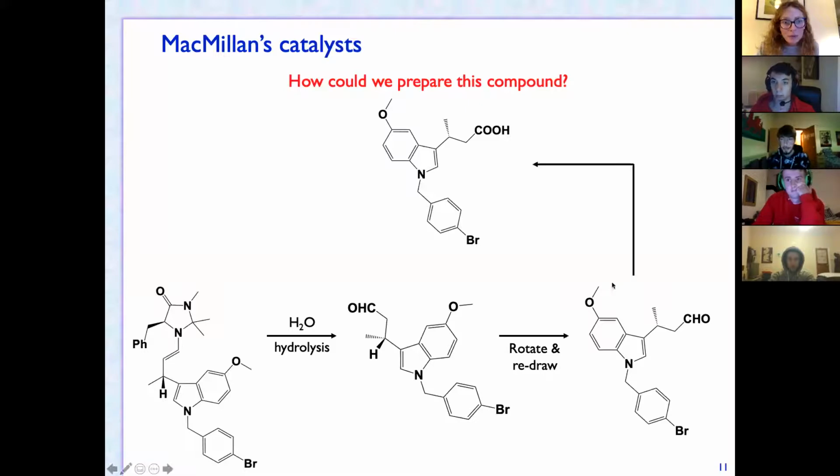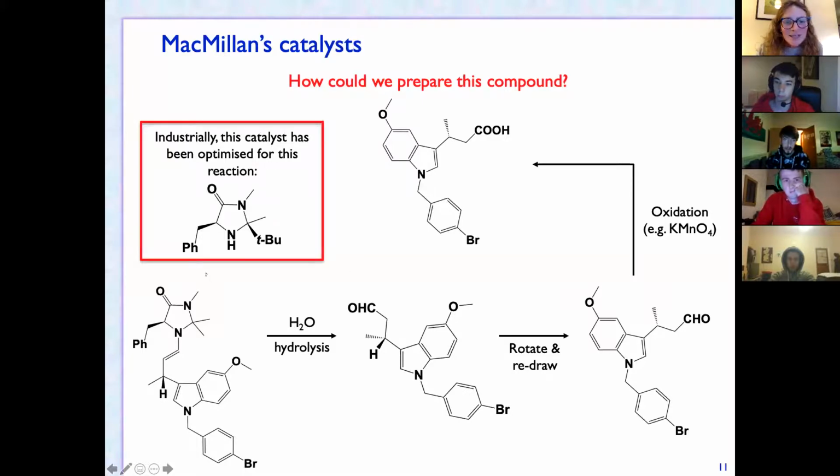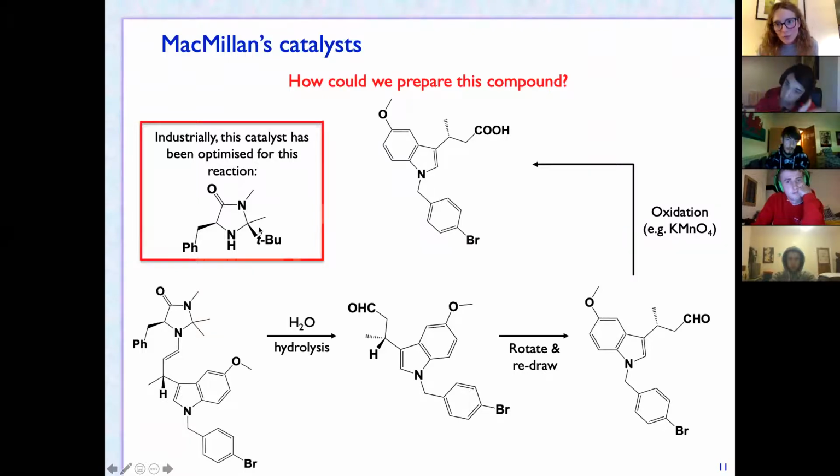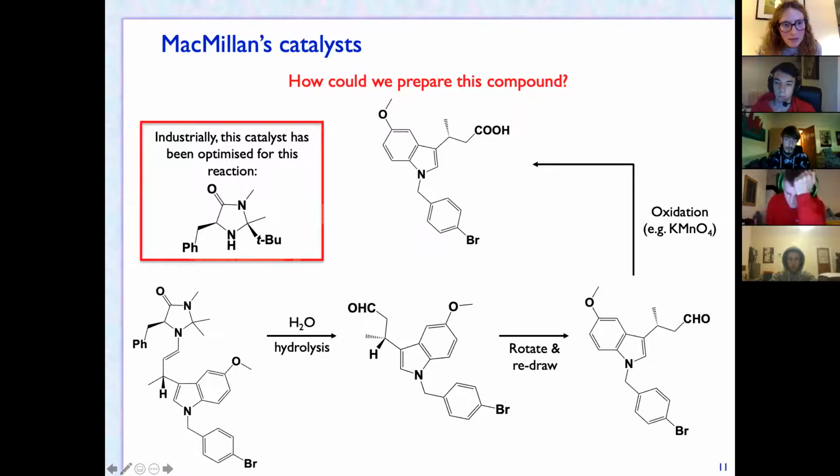Yes, absolutely. Just to give you some information, for this specific COX inhibitor, this catalyst has been optimized with the tert-butyl group, which improves the yield with a correct enantiomeric excess of the reaction.